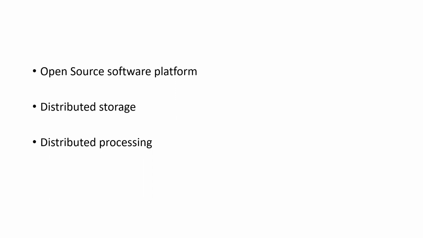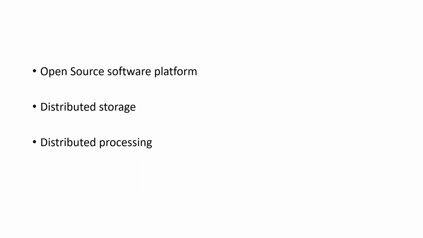So that is why Hadoop makes our life faster. If we have millions or billions of records that should be processed within a minute, then this is the best approach.